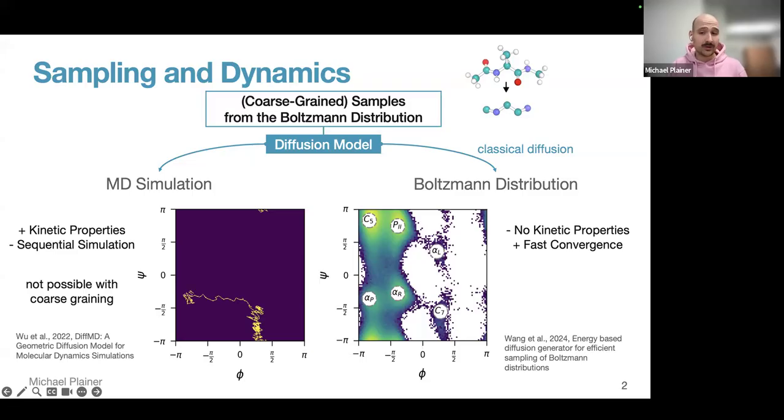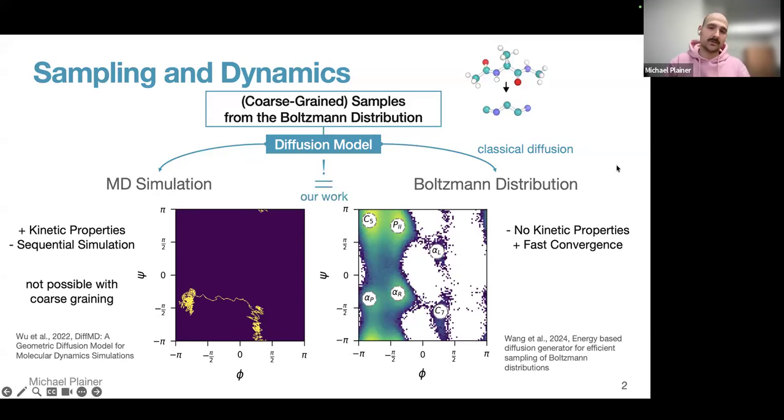There are diffusion models that work on both sides. For instance, here, diffMD, a diffusion model that does MD by taking one sample and trying to predict the next sample with diffusion, or here also an energy-based way on how we can sample from the Boltzmann distribution.